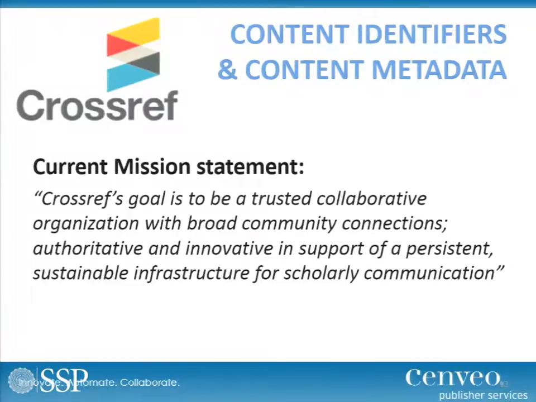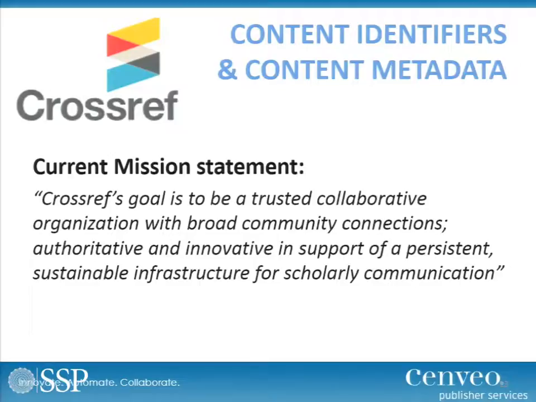So on to another example, Crossref. Crossref began in 2000 as a community-specific implementation of what was then a new standard, using DOIs for article identifiers and reference linking. Crossref has become our robust infrastructure, as indicated in their current mission statement.